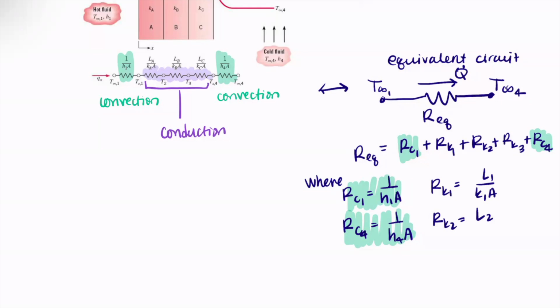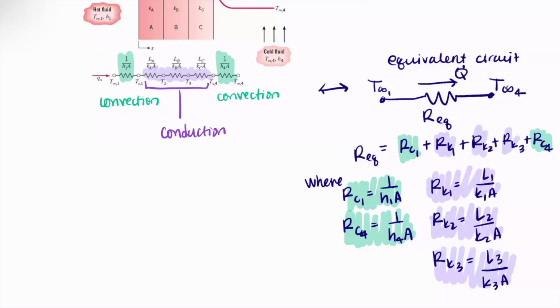RK2 is L2 over K2A. And then RK3 is L3 over K3A. All right, and again, these are all conduction.